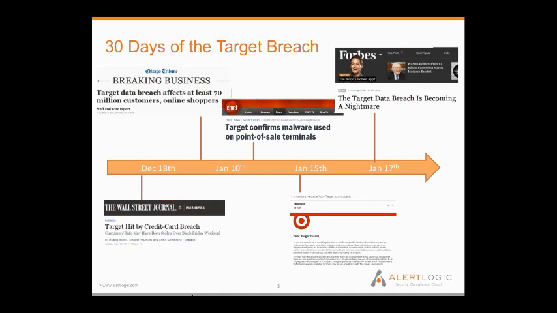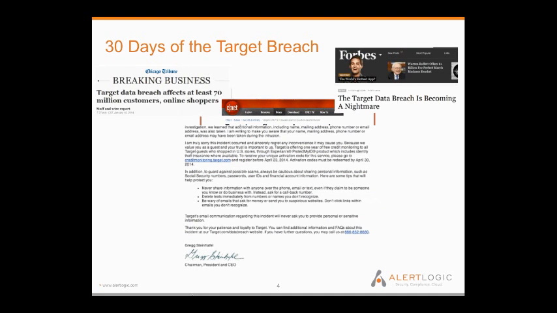And of course, after that, coming into January 10th or so, Target actually confirms that they were part of a breach. Eventually, they posted on the website that they were compromised.